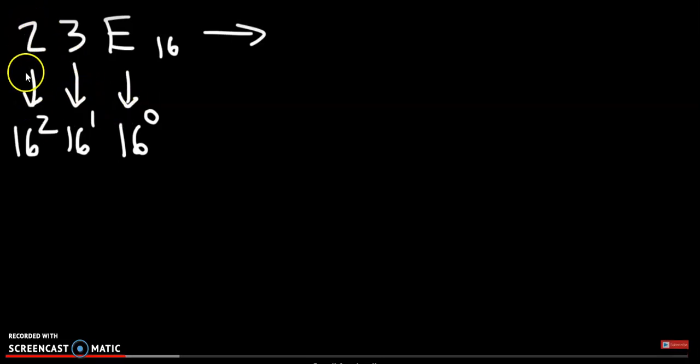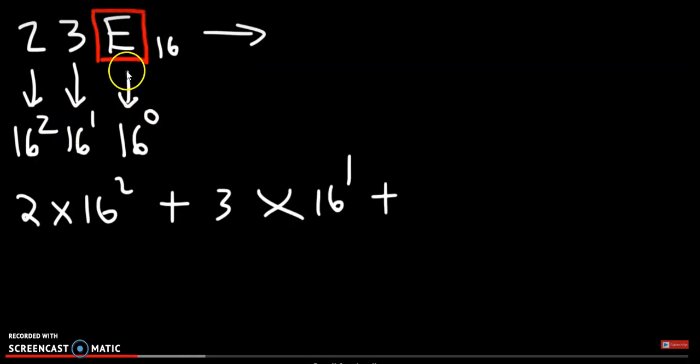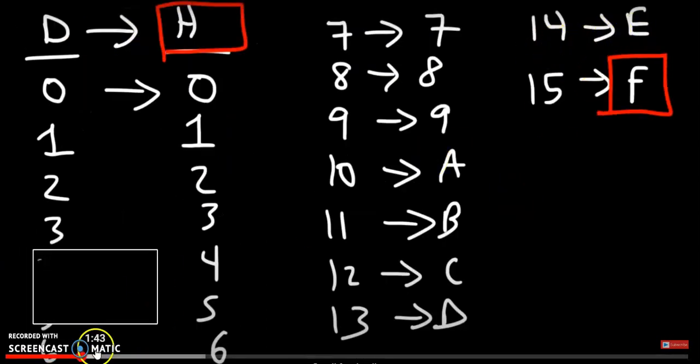So it is equal to 2 into 16 power 2, plus 3 into 16 power 1, plus E. What is E? E means 14. Already I have said, E means 14.